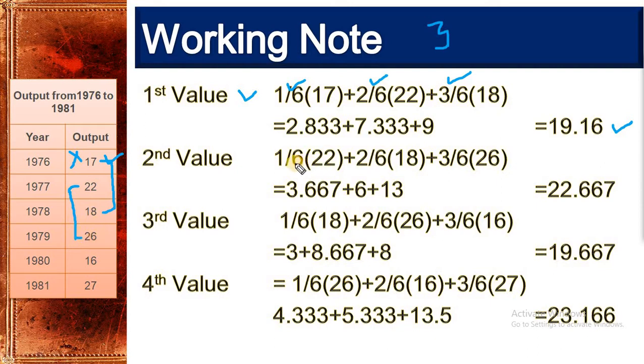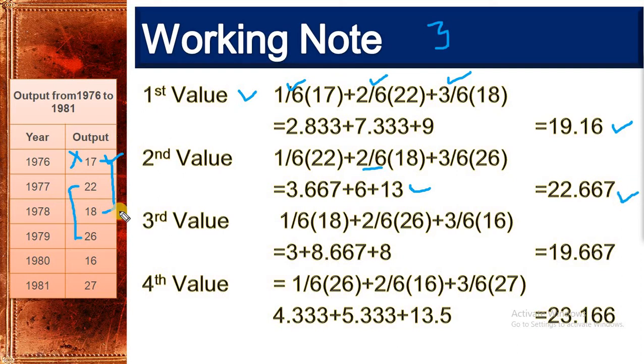Here I am going to give the same weights. For the first value I give 1 by 6 multiplied by 22, because in this group my first value is 22, and that is 3.667. For the second value the weight is 2 by 6 and the value is 18, so 2 by 6 into 18 is 6, and 3 by 6 into 26 is 13. When I add all these three together, the second new time series value is 22.667.